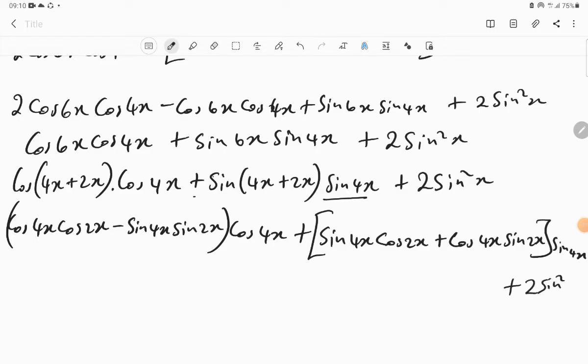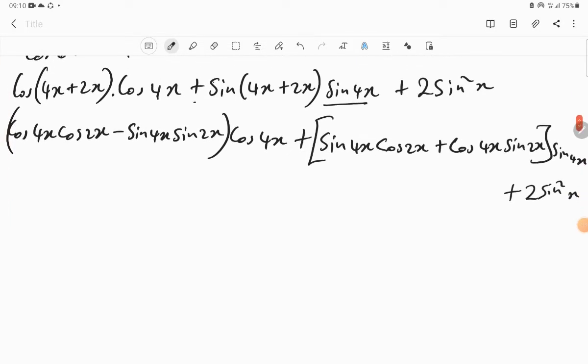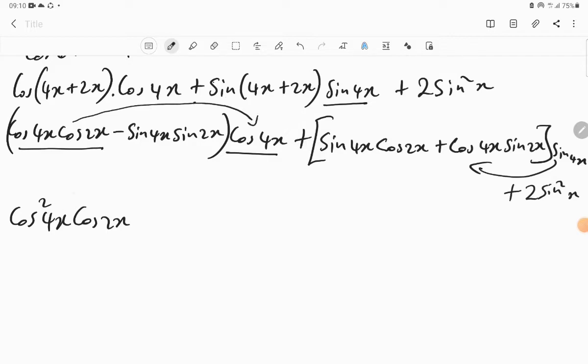Okay, now what are we having next? Let's do the distribution of this common factor. So let's have cos 4x times that, which means you'll be having cos squared 4x, then cos 2x, because when you say this times that, you get this one.